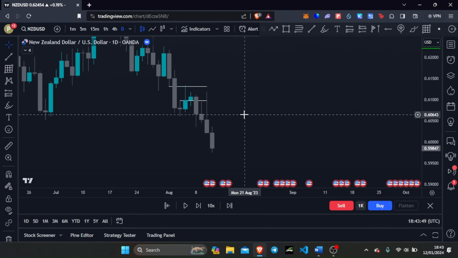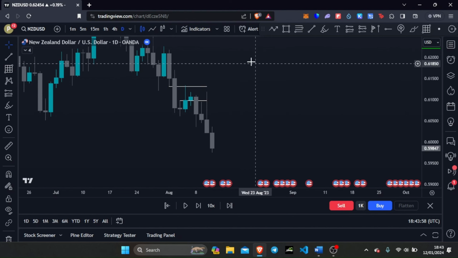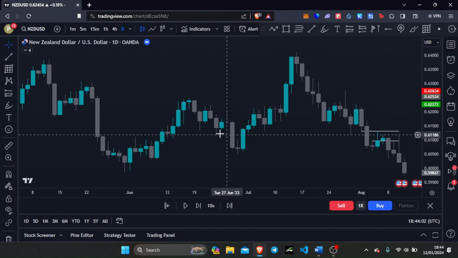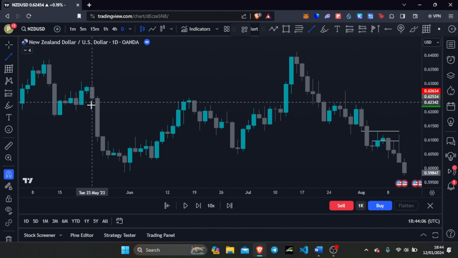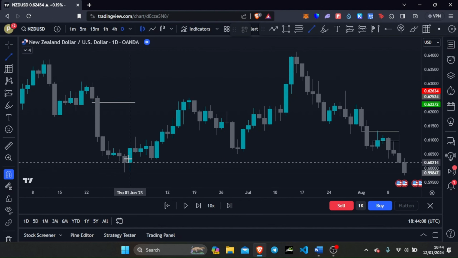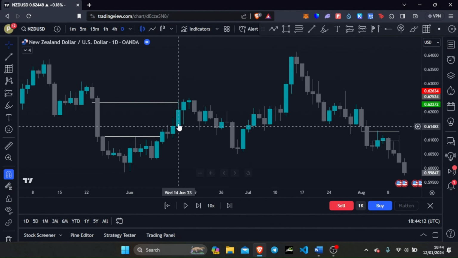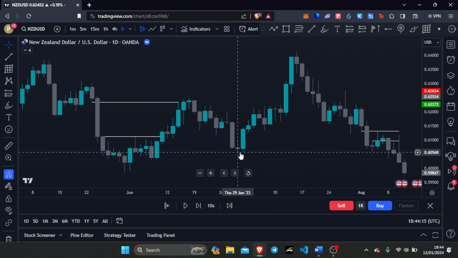And I know you guys are itching for the answer to the question, which is, how do we actually utilize this in our day-to-day trading? Because if you guys are looking at the charts, I'm sure you can see that there are fair value gaps all over the place, right? We've got a fair value gap right here from this candle to this candle. We've got this massive fair value gap, which then price comes into, rebalances, and pushes away.